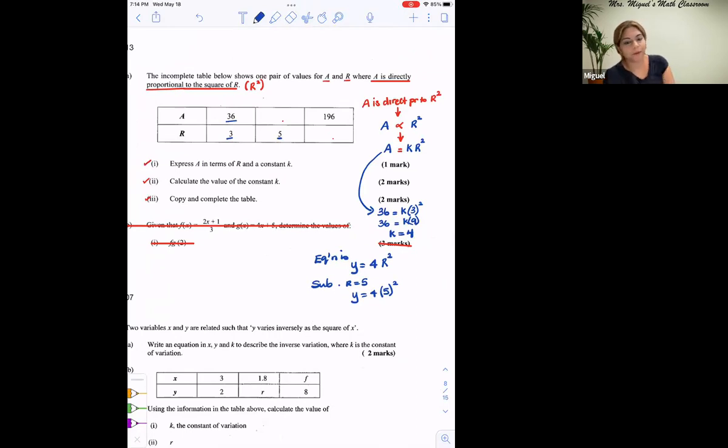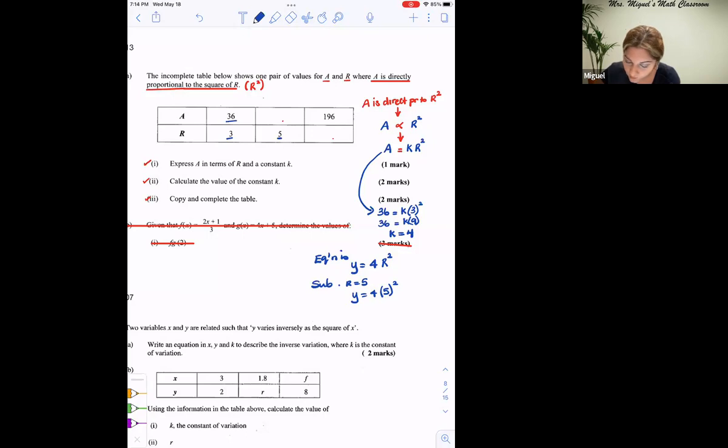Remember, when we square a number, we multiply it by itself. So you could put everything in the calculator and get the answer.